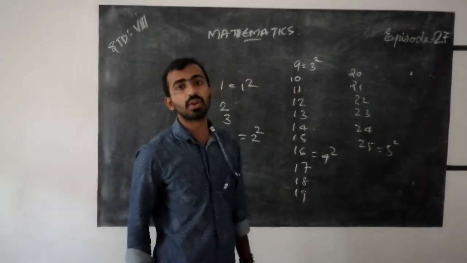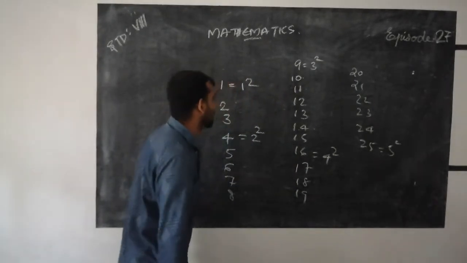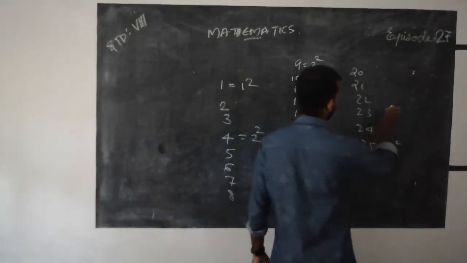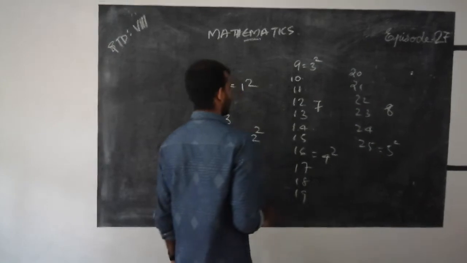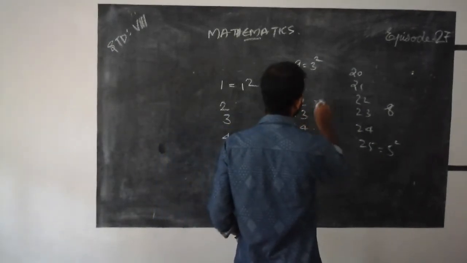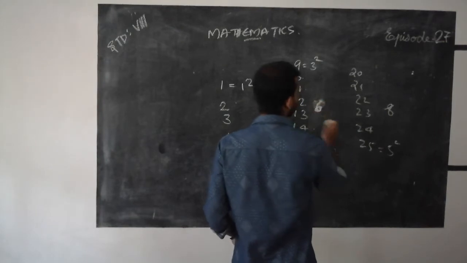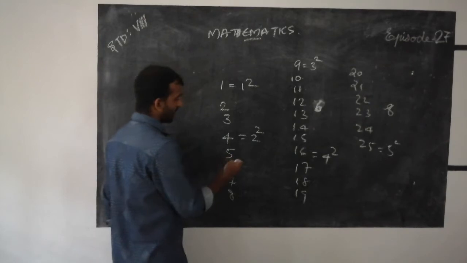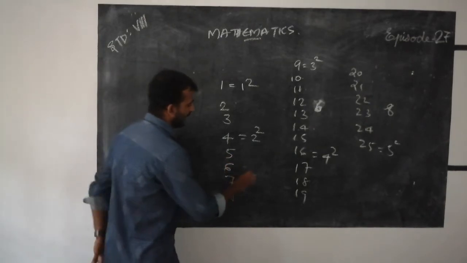Here is 8. Sorry, here is 6. Here is 8. And here is 1, 2, 3, 4.